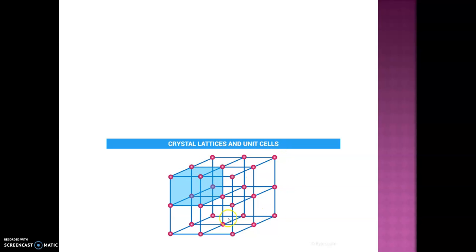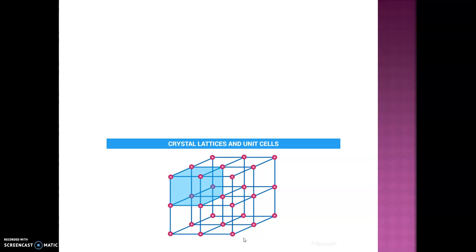This is a repeating arrangement, so the unit cell repeats itself and produces a crystal lattice. Similar to this, one cube is here, and if you observe, another cube will be here. So there are so many cubes, so many unit cells. The unit cell is not only in the form of cubes; there are other types of unit cell.